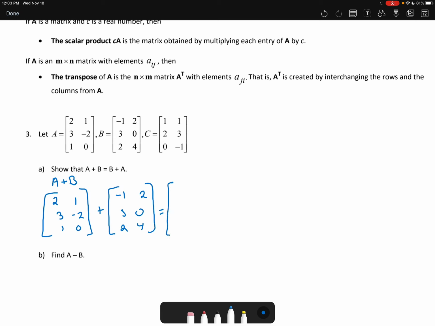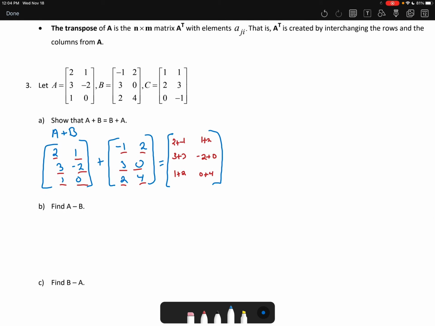When we're adding, we just add the corresponding entries. So I want to add 2 plus negative 1, 3 plus 3, 1 plus 2, 1 plus 2, negative 2 plus 0, 0 plus 4.